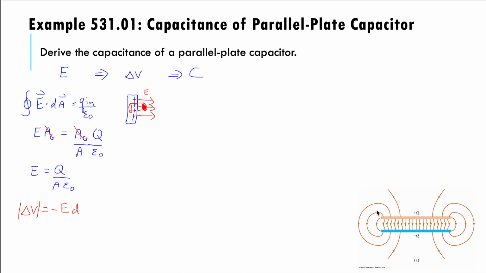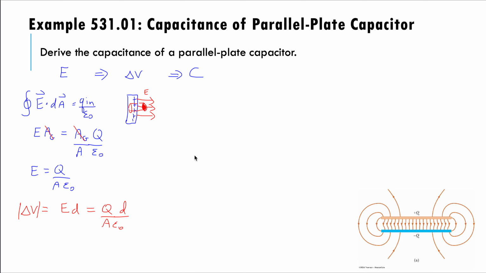It doesn't matter which plate is positive and which plate is negative, it's still a set potential difference between the plates. So if we're looking for the magnitude of the potential difference, then we don't need the negative sign. So we now get the potential difference as Q over A epsilon naught times d.